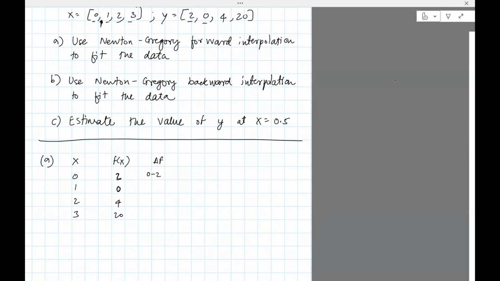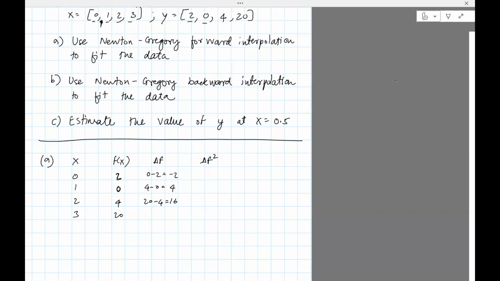So 0 minus 2, this would be 4 minus 0, 20 minus 4. Okay, so I've put those calculations down. You don't have to really write 0 minus 2, you can just put minus 2, that's fine.